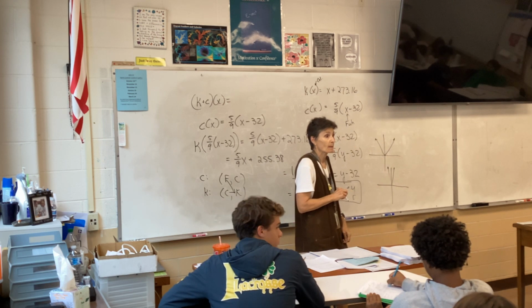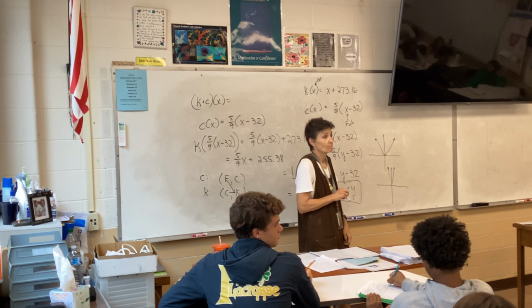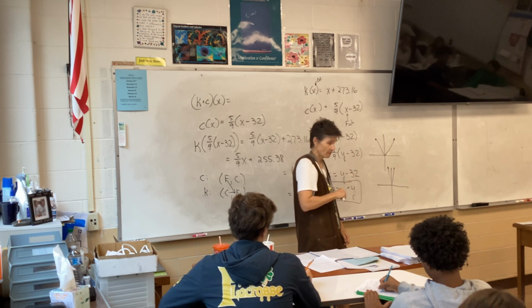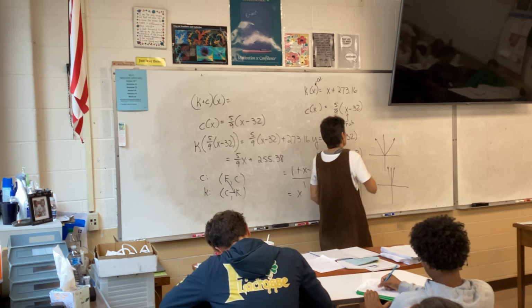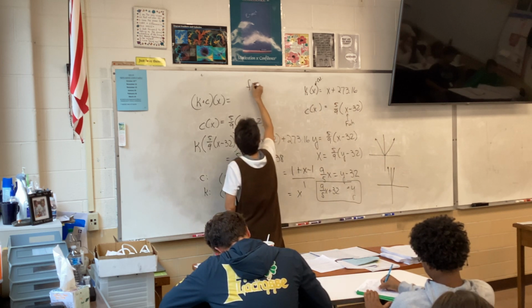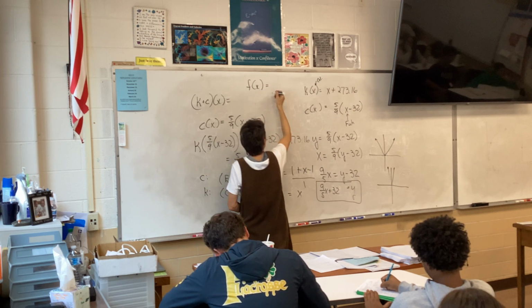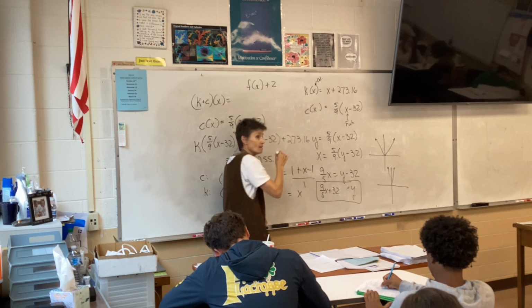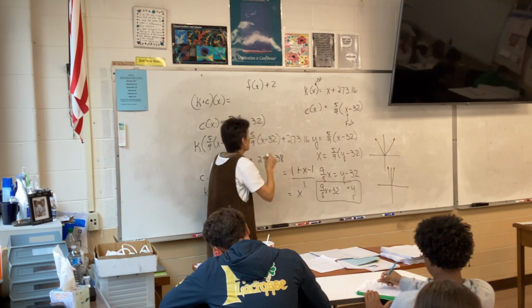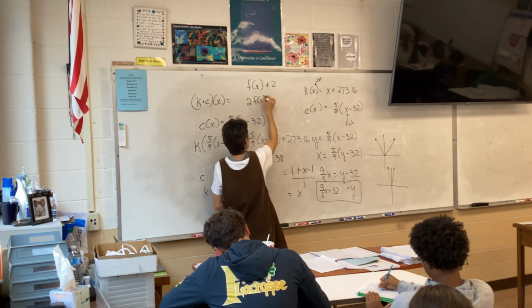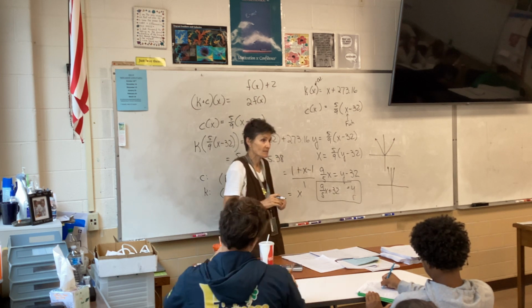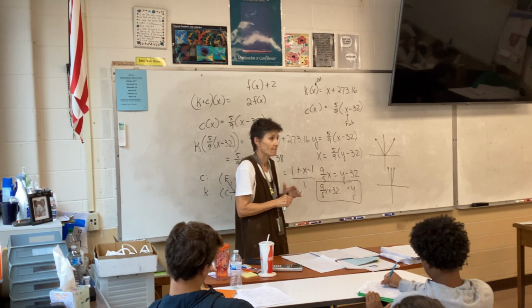You multiply it. So if we have a function and we add 2 to it, that's a translation. But if we multiply it by something, that would be a stretch or shrink depending on the size of the number I multiply it by.